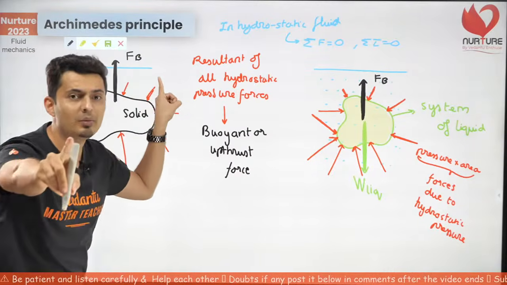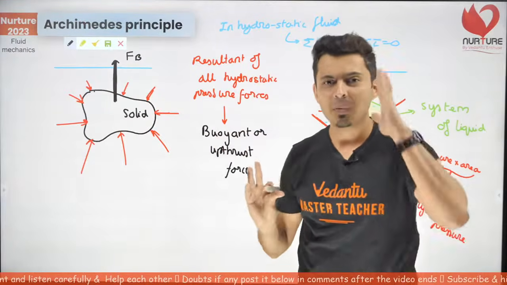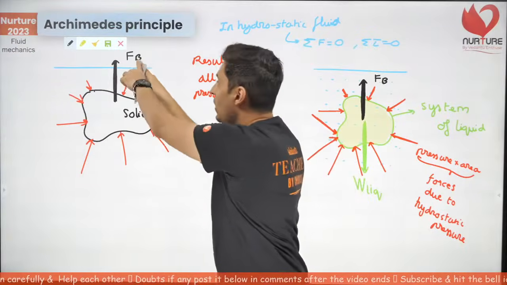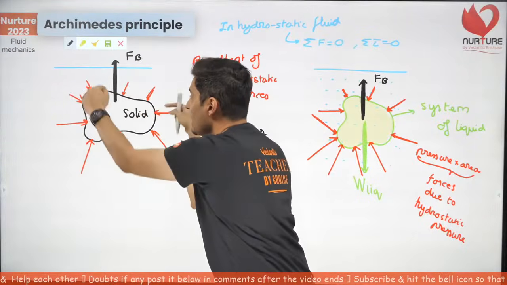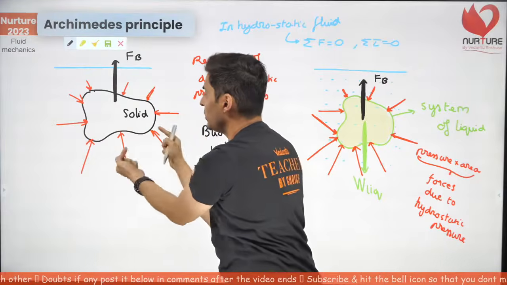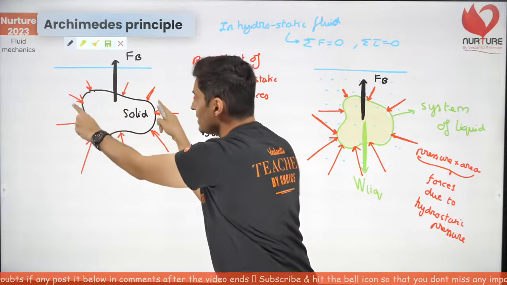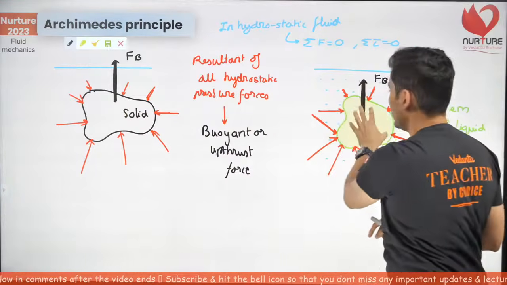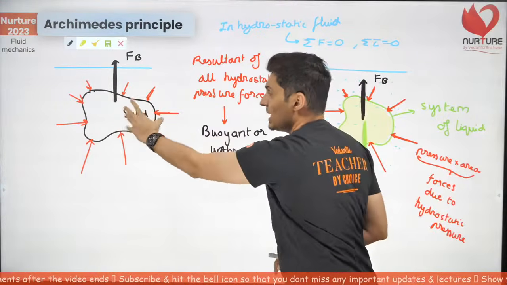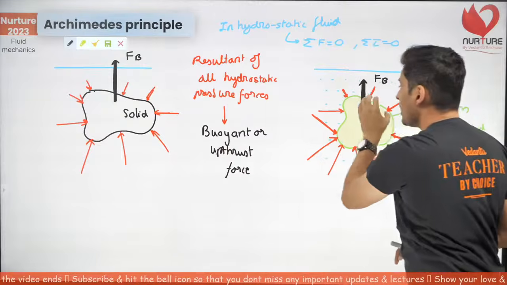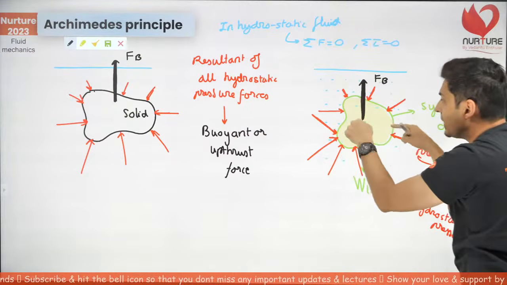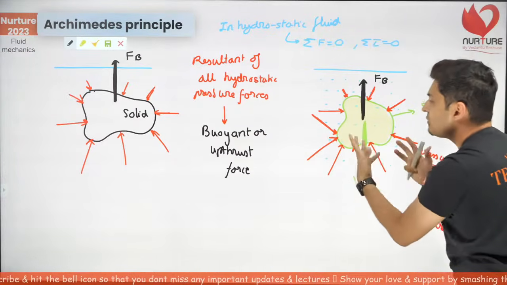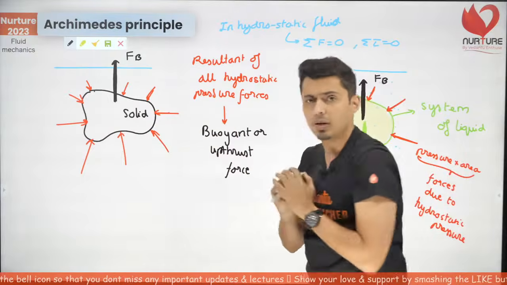How do you find the buoyant force? Very simple. Again, I am repeating. How do you find the resultant of all these PdA, pressure into area? In this volume of solid, just imagine a liquid. That liquid will experience the same forces from outside as that of the solid.